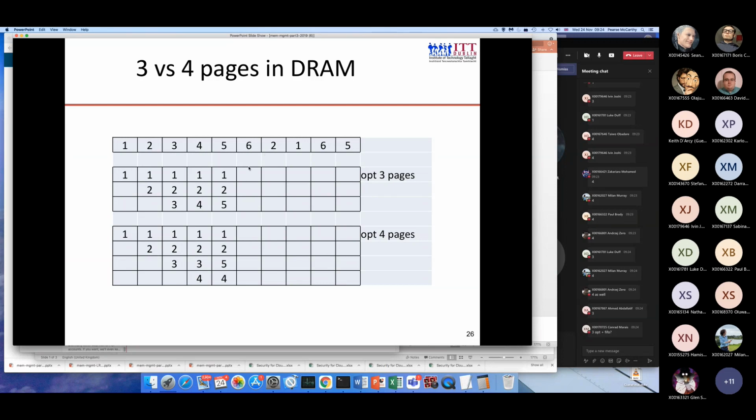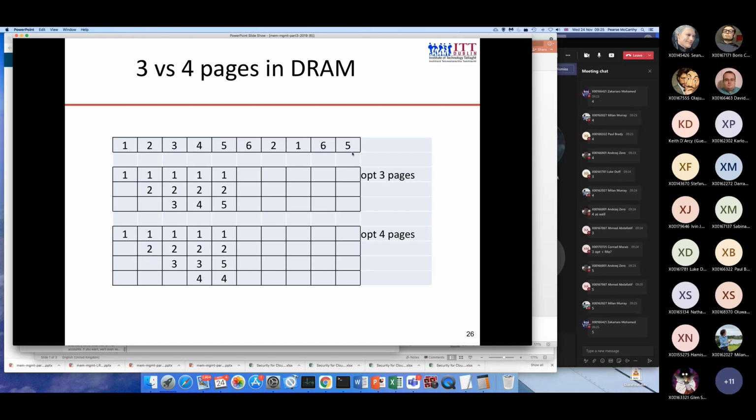So let's do this one, 6. Up here, 6. Which one will I get rid of, 1, 2, or 5? Pretty straightforward, I think. Any ideas? 1, 2, or 5? 5, yeah, exactly. Because there's 1, 2, there's 1, there's 5, yeah, cool. And 6, which one will I get rid of here? 1, 2, 5, and 4.